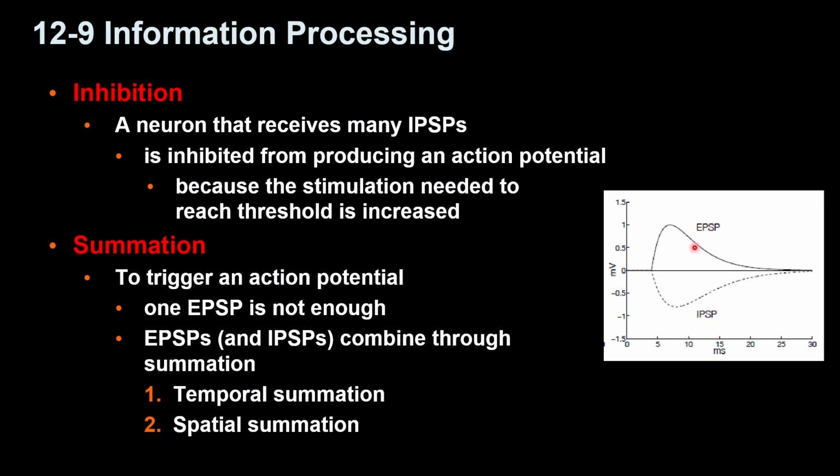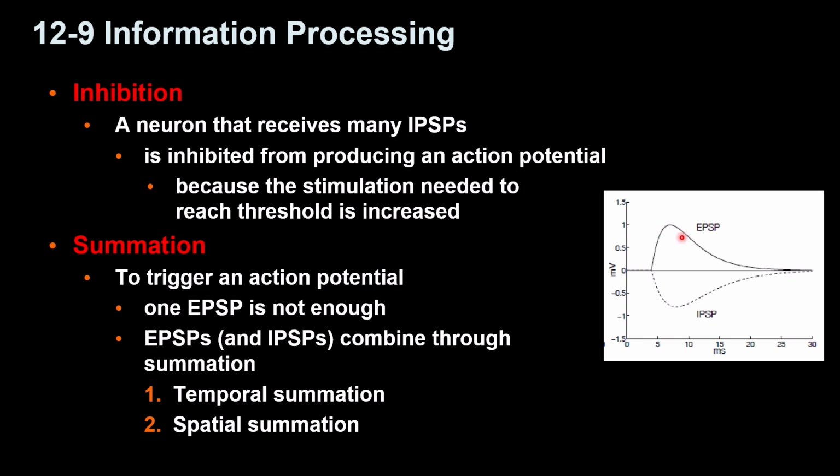And the combination of all of them together will increase the membrane potential, and that will cause an action potential. Not always, but it increases the chance of having an action potential.